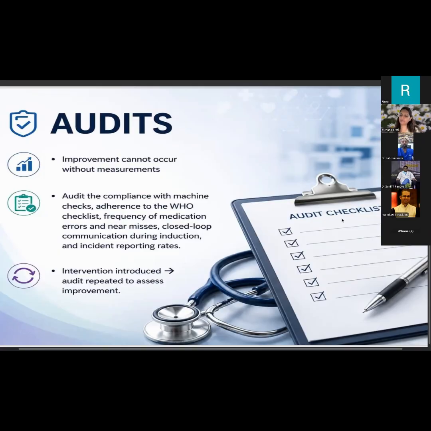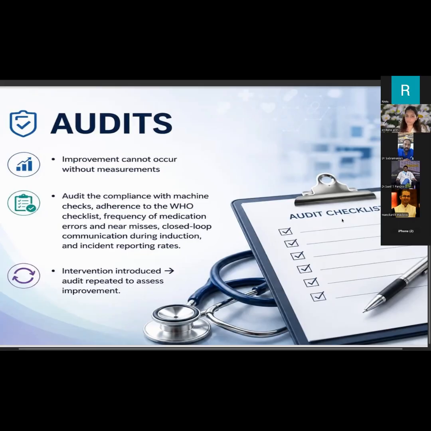Okay, so moving on to the audits. Improvement cannot occur without measurements, so regular audits are very important. We can audit compliance with machine checks, adherence to the WHO checklist, frequency of medication errors and near misses, closed loop communication during induction, and incident reporting rates.